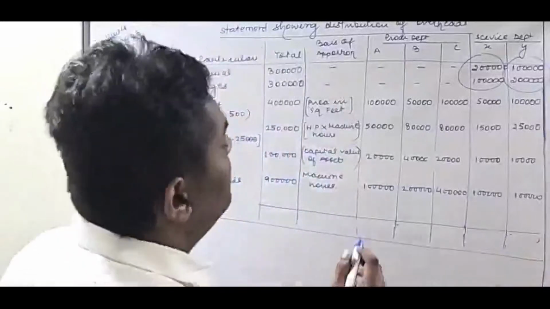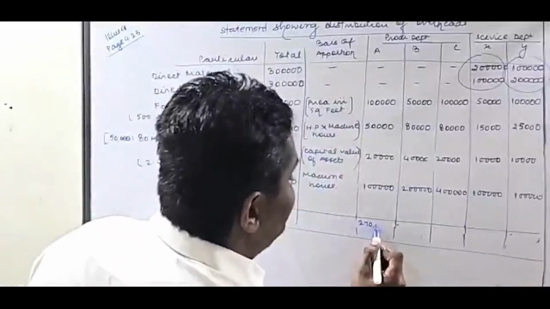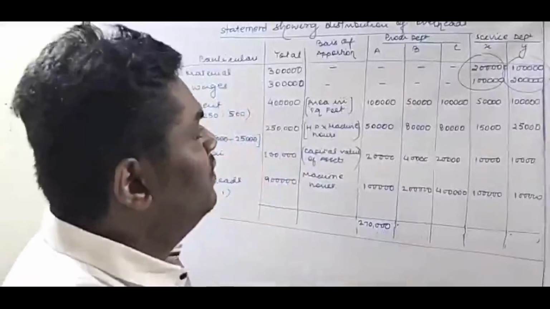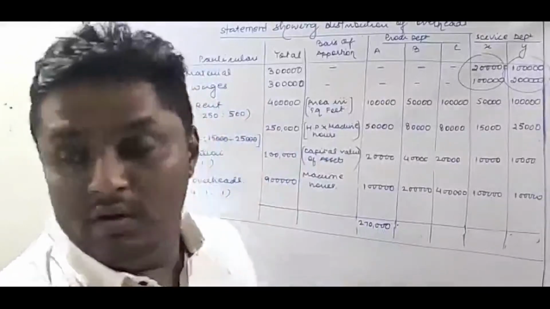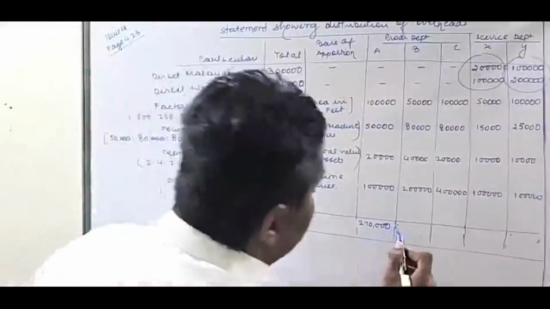So this will be 2,70,000. This will be 3,70,000.